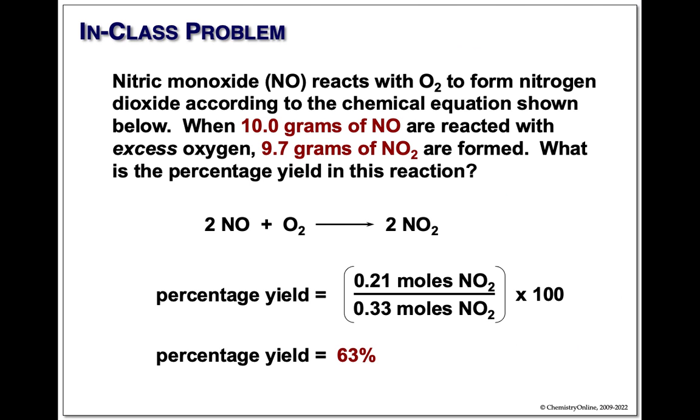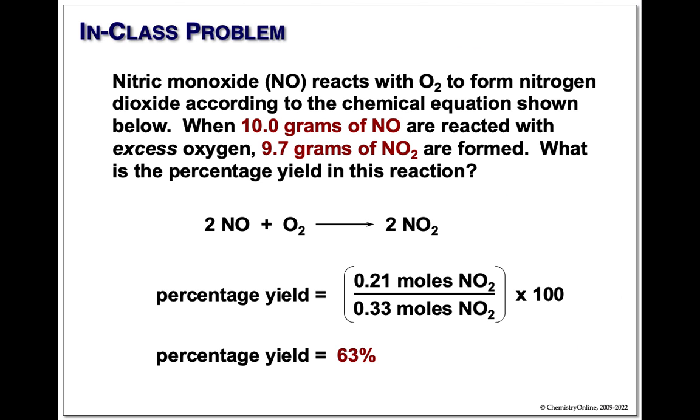Now, there are two tutorials on the website that did not make it onto Blackboard. The first one is called Limiting Reactants, and that's because I figured it was a real pain to do it twice, save that for general chemistry.